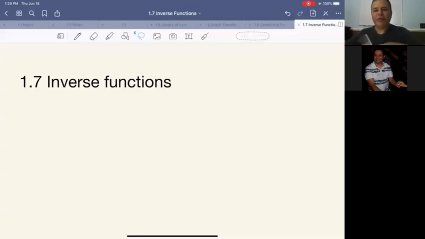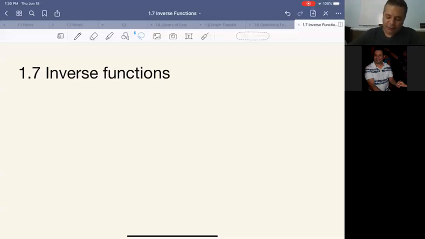All right. Welcome to section 1.7, where we're going to talk about inverse functions. Before we talk about inverse functions, let's just remind ourselves about what a function was.